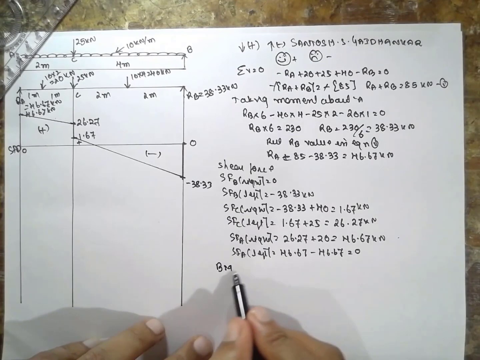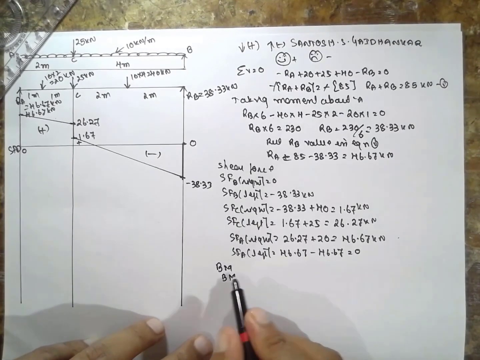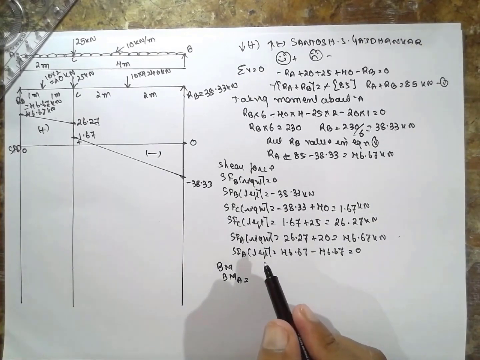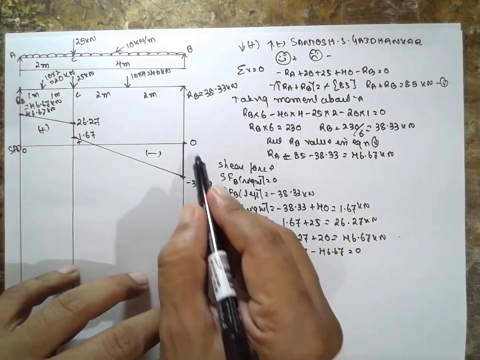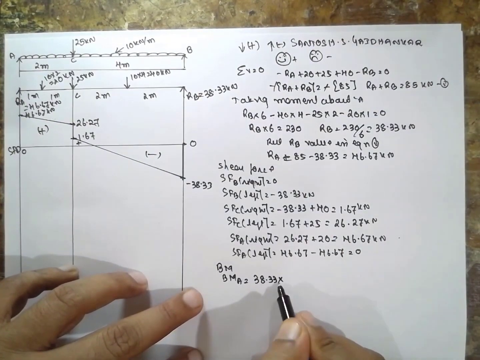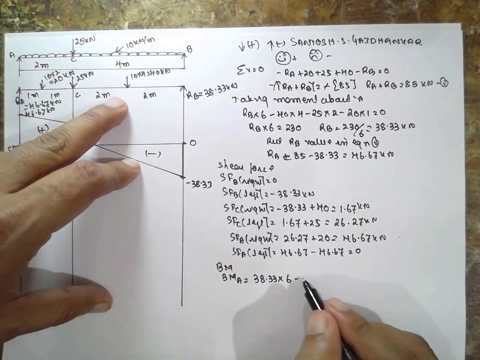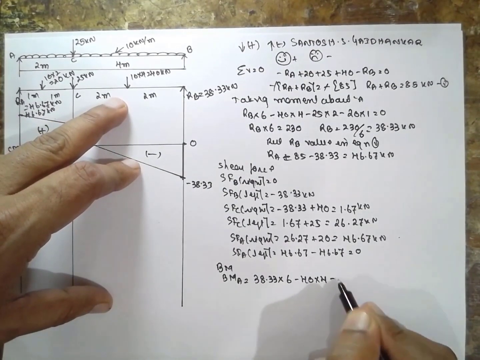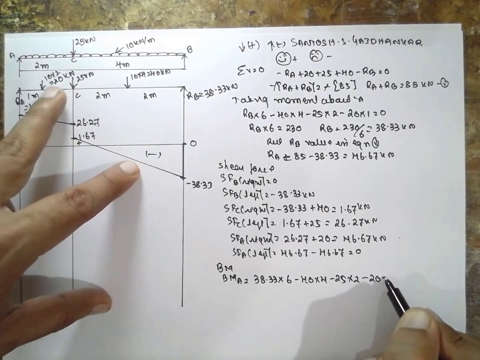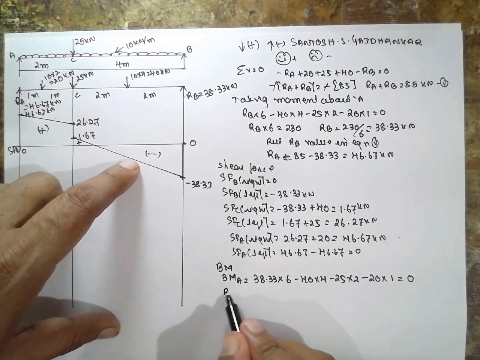Bending moment at A will be 38.33 into distance 6 minus 40 into 4 minus 25 into 2 minus 20 into 1 is equal to 0, because if you calculate, it becomes 0.